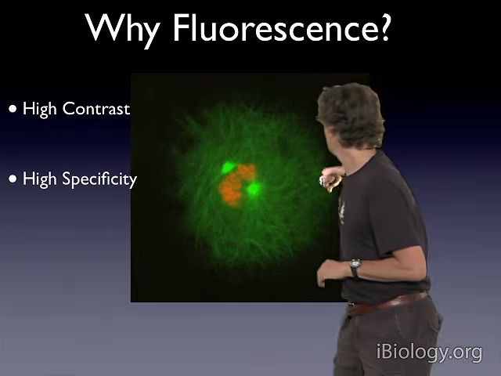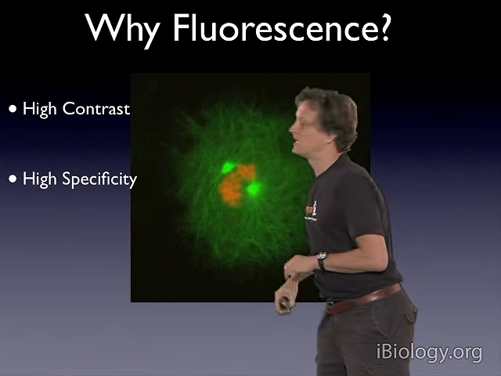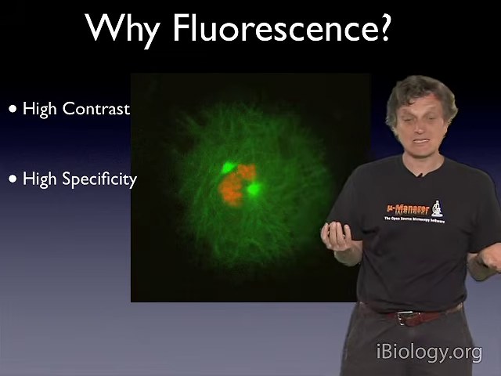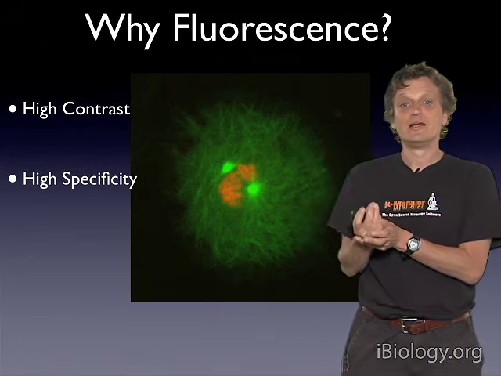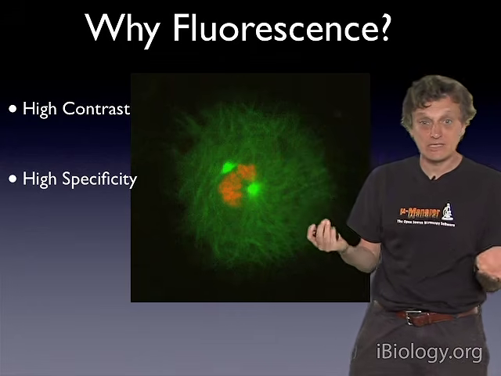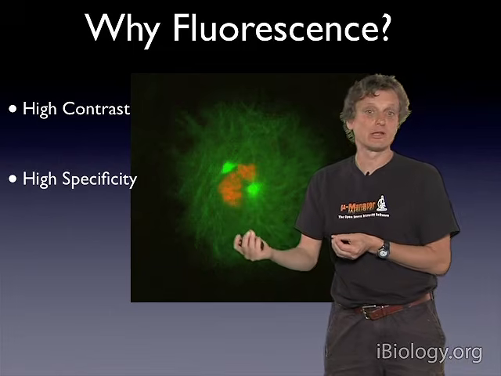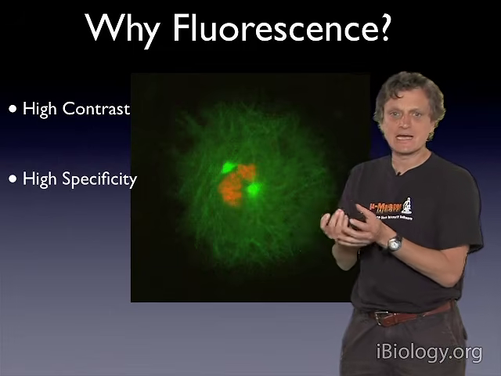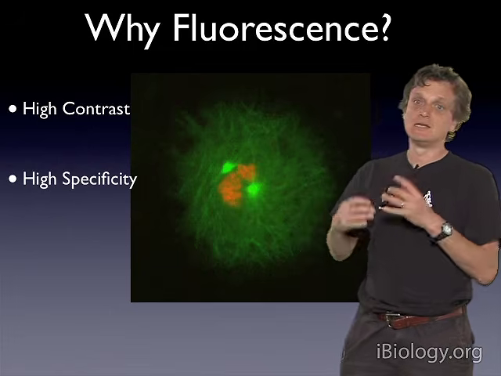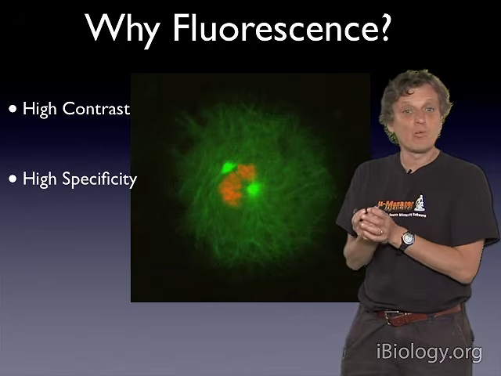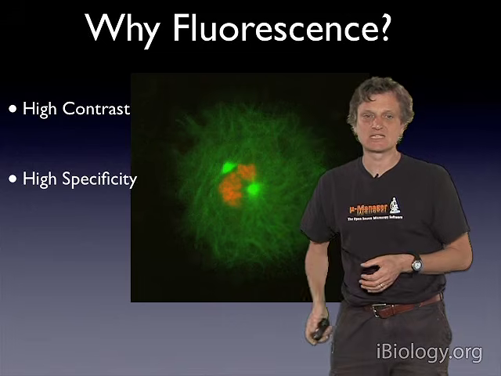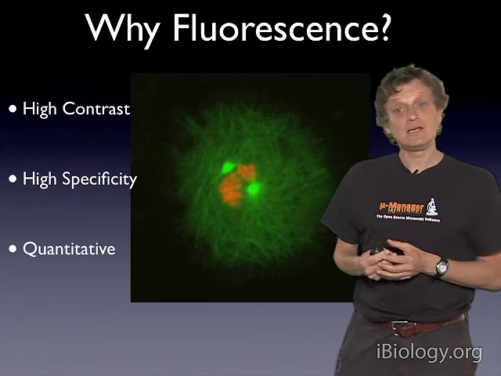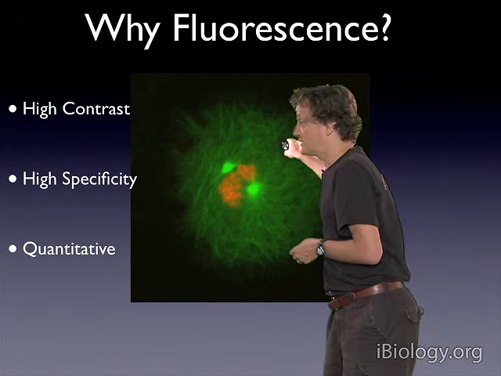Then what we also already see in this specific image is that you get specificity. We can attach these fluorescent labels to specific proteins, to specific molecules, to specific places in the cell or wherever we want them. So we can target them so that they show what we want to see. Then fluorescence is quantitative.